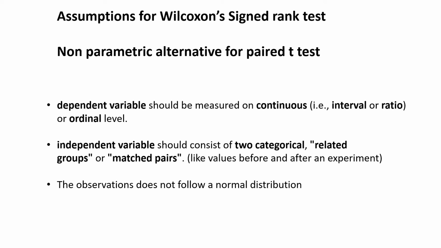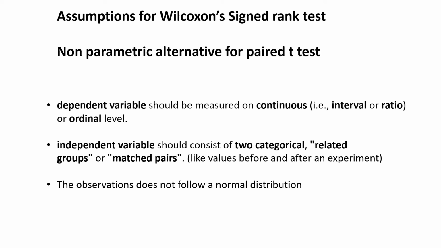Okay, now we can go to the Wilcoxon signed rank test. That is also a non-parametric alternative of the paired t-test. Okay, so the dependent variable should be measured on a continuous or ordinal level. Continuous can be interval or ratio.